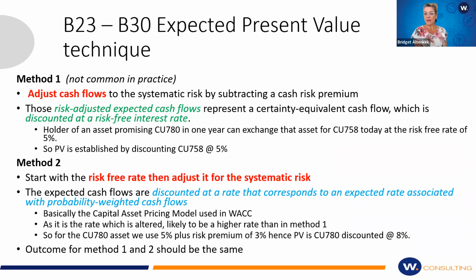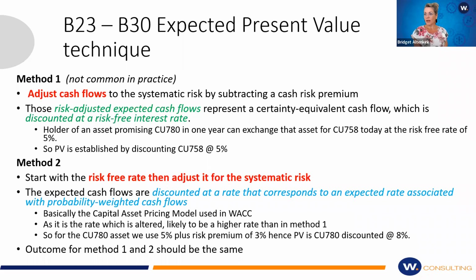The entity would then make certain adjustments to those cash flows to take into account what market participants would take into account for that particular asset or liability. They then use the risk-free interest rate. So they don't make any adjustments to the discount rate. They will obtain a market discount rate and use that rate as it is, because in this method they have adjusted the cash flows, therefore they are not adjusting the discount rate.